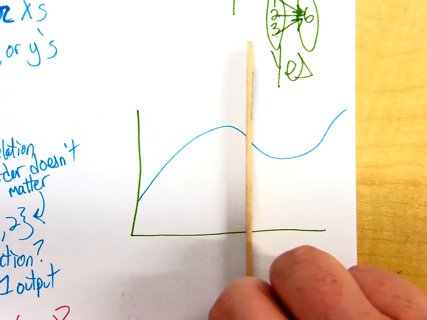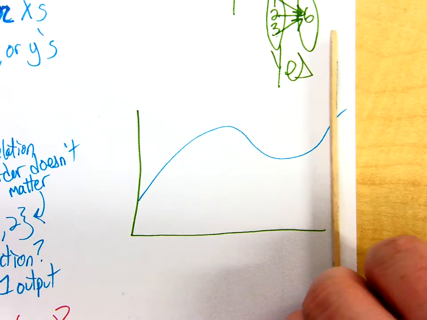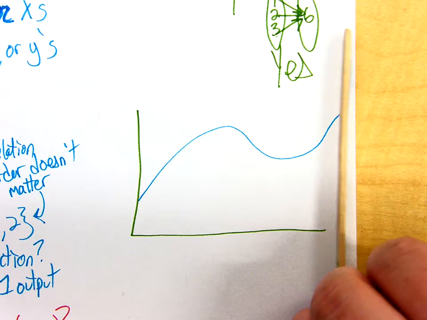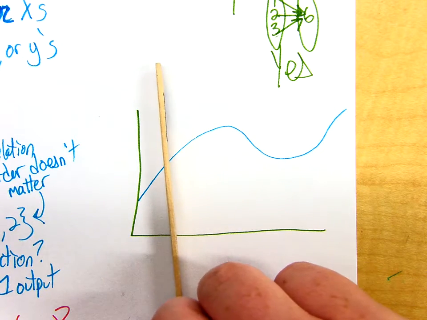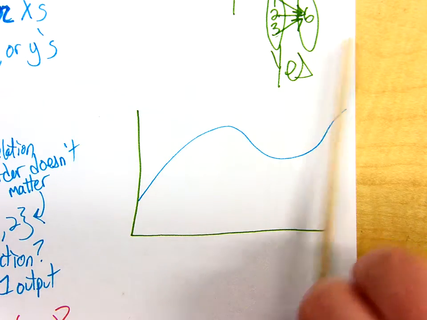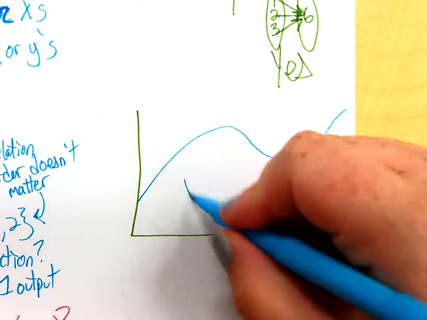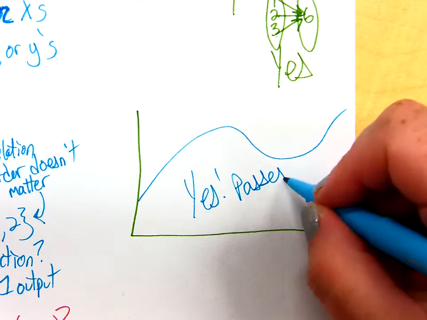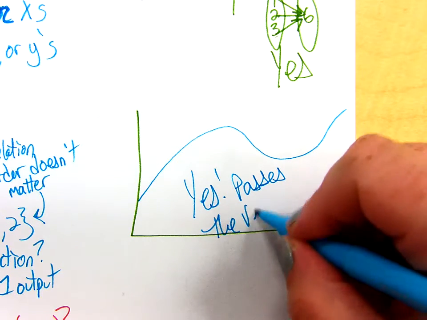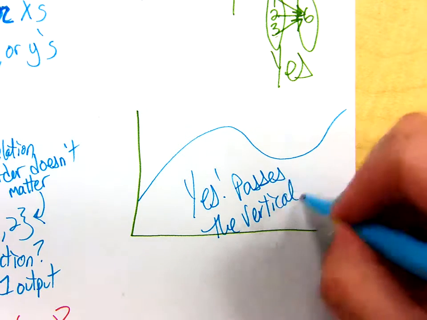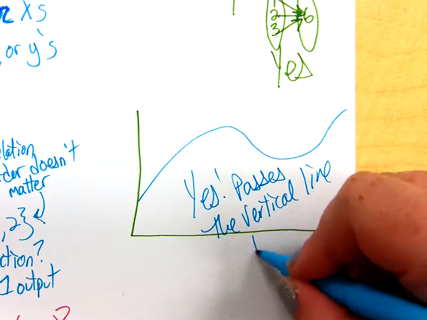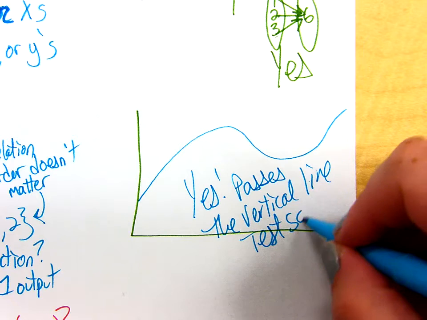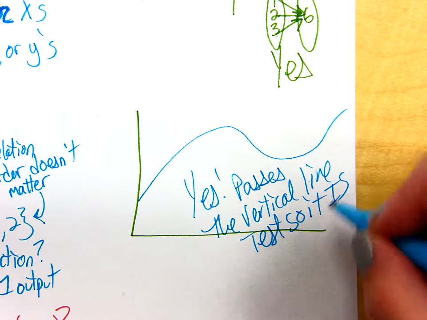As long as your vertical line only ever intersects your graph once at any point, it's fine. That is a function. So this one, yes, passes the vertical line test. So it is a function.